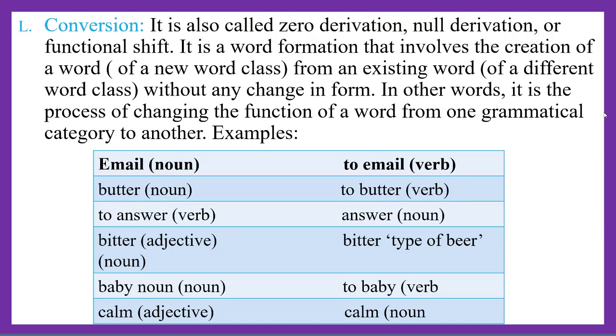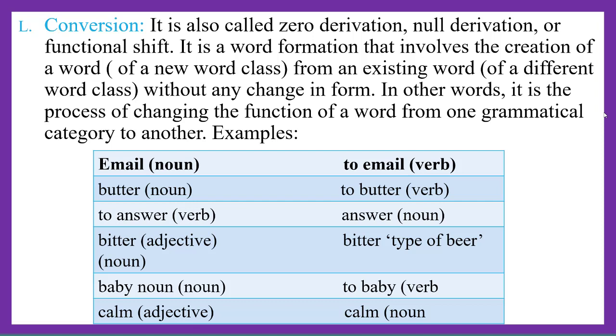Then we have conversion. It is also called zero derivation, null derivation. Here, there is no derivation actually. Or functional shift is just a word formation that involves the creation of a word of a different word class from an existing word without any change in form.